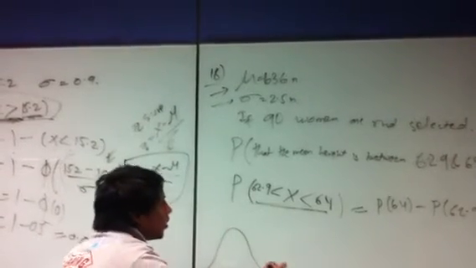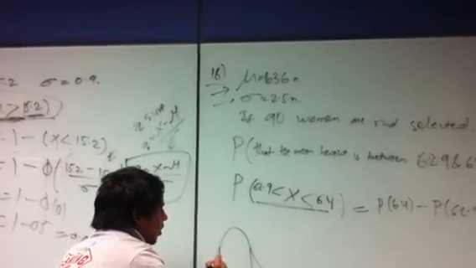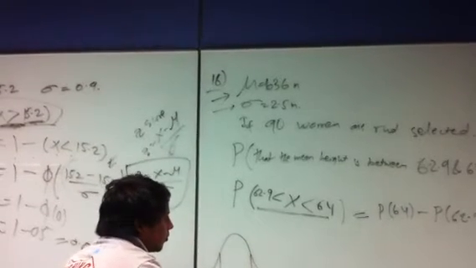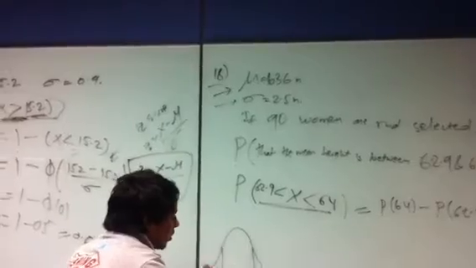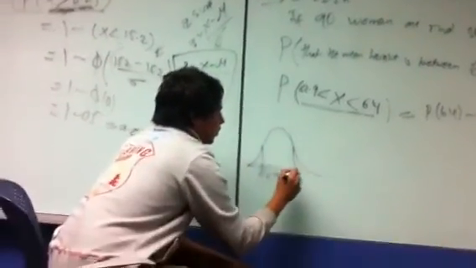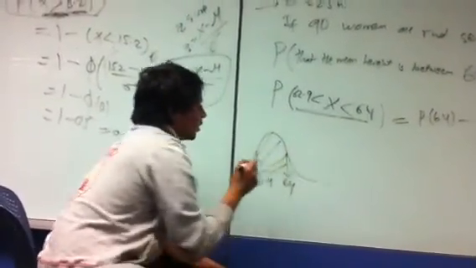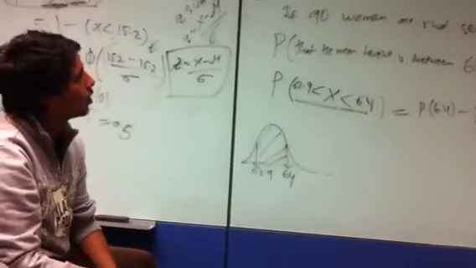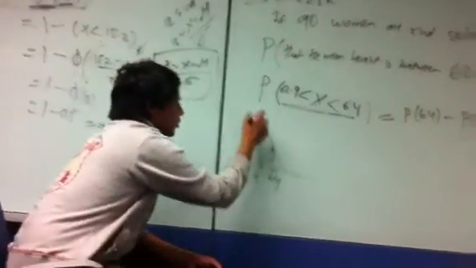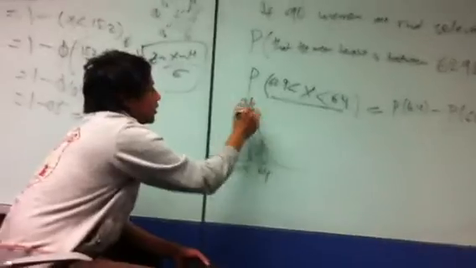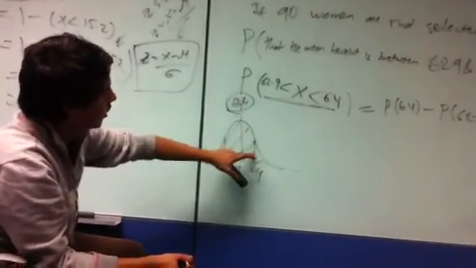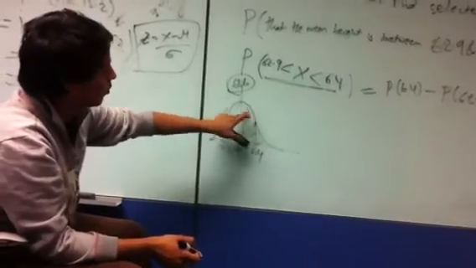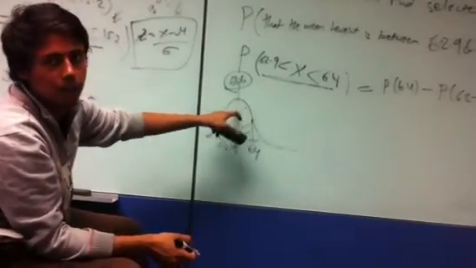Say this is a normal curve. We want it between 62.9 and 64. It has to fall between these values, so this is our area. Your mean is 63.6. So you want to find the probability of falling between these two, the probability of this area.